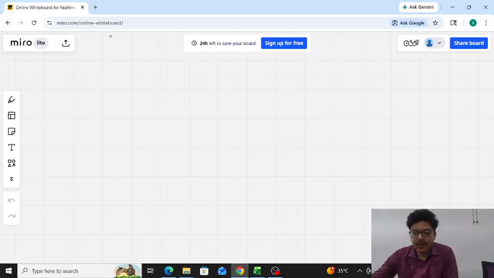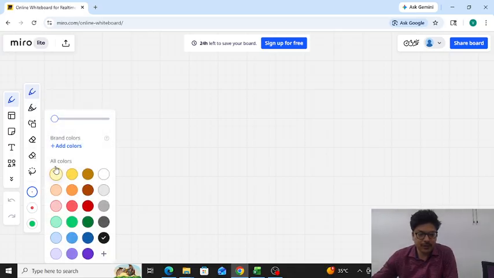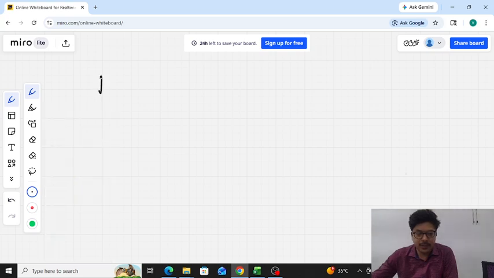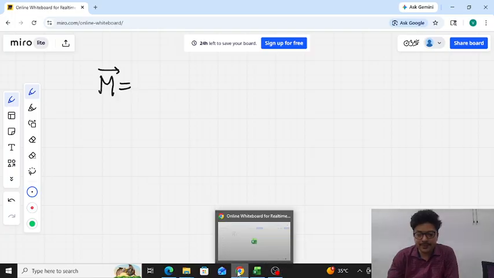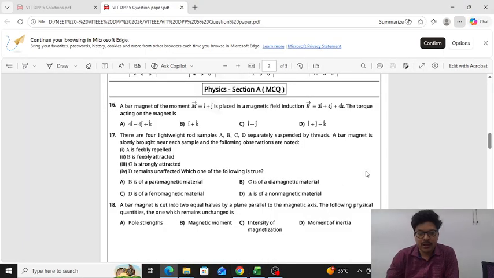Here the magnetic moment vector is given as i plus j.